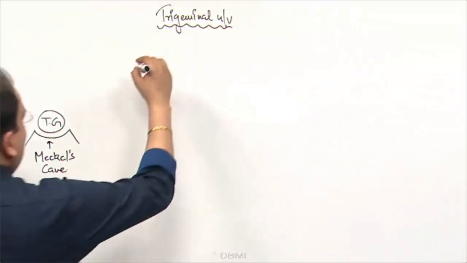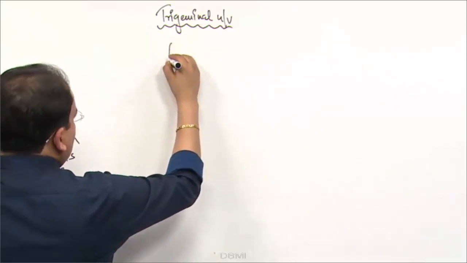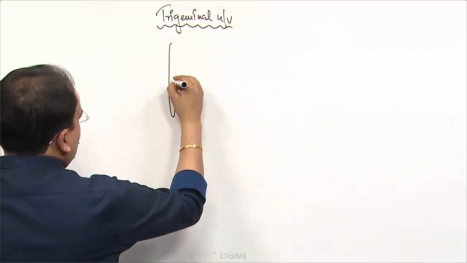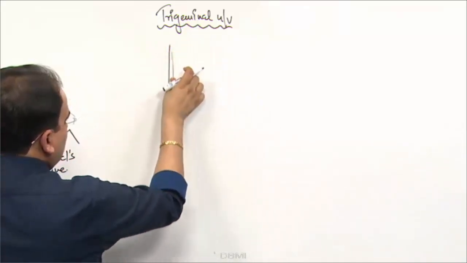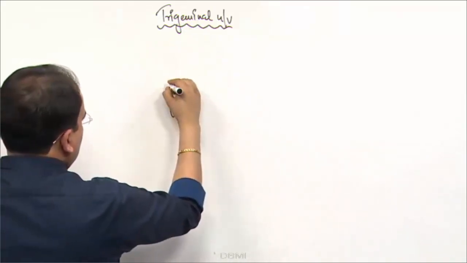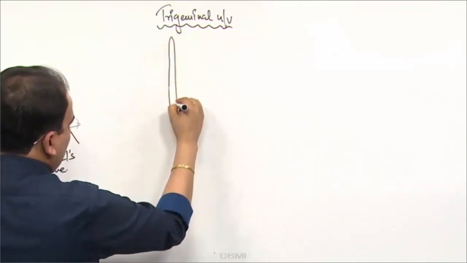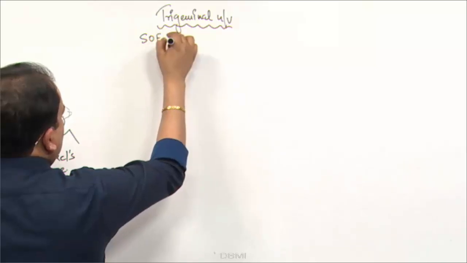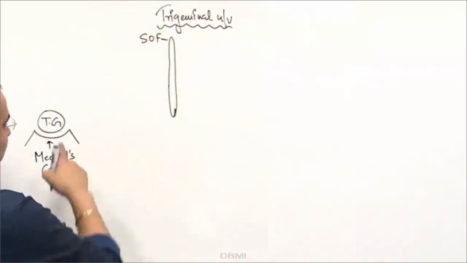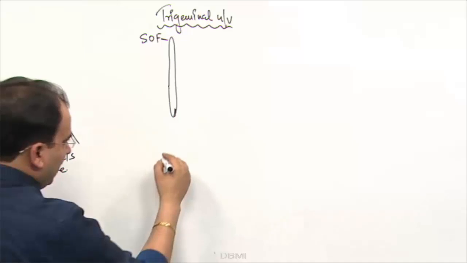So guys, let's say this is superior orbital fissure here. For ophthalmic nerve, let me draw this maxilla.